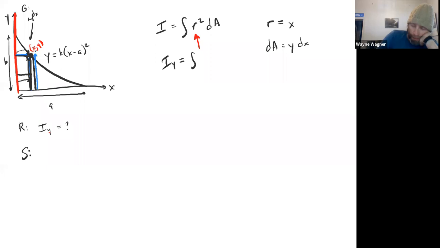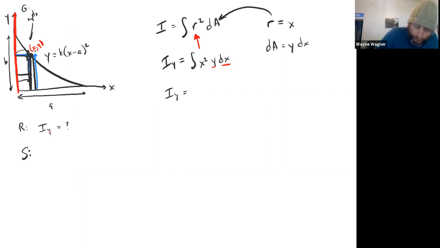Now I can plug these into this formula over here. r squared is going to be x squared, and dA is y dx. So we can go ahead and solve that. The problem is this y. We need everything to be in terms of x's.